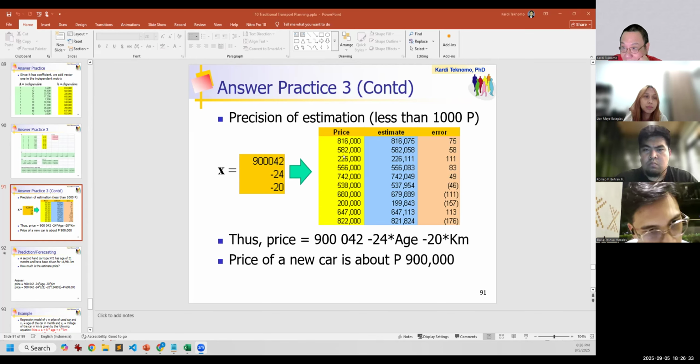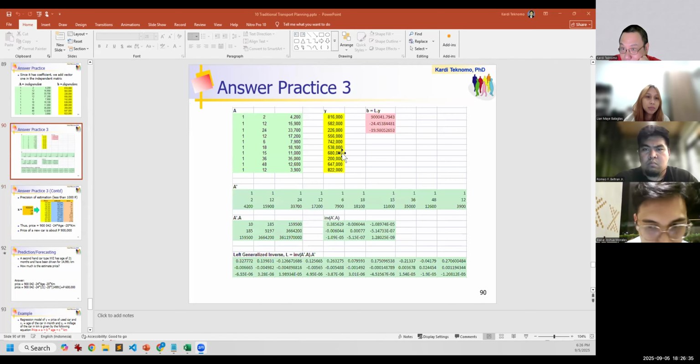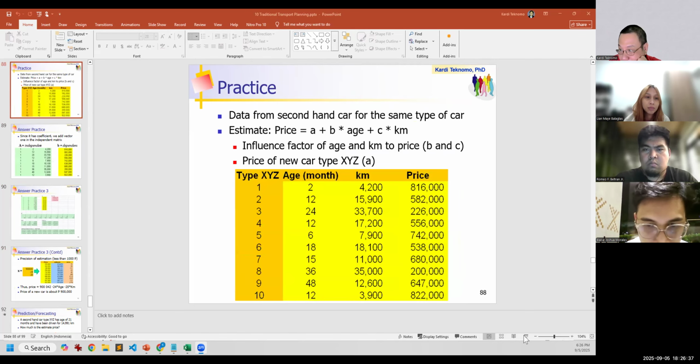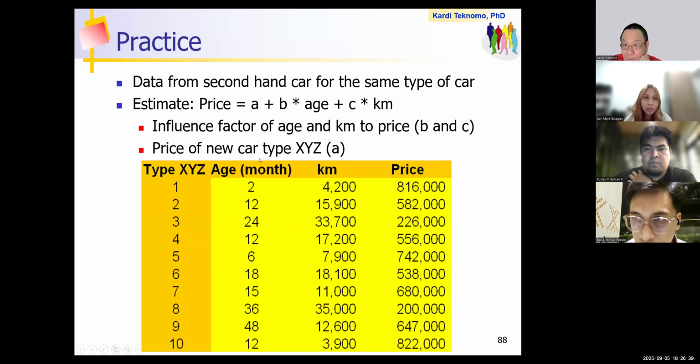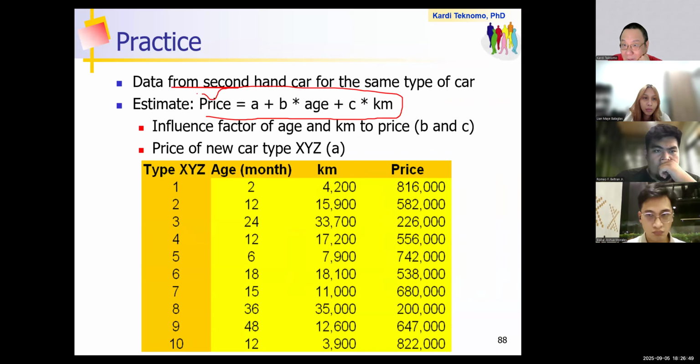If you look at the model here, this is the model, right? Price equals A plus something times age and kilometer. What happens if the age is 0 and the kilometer is 0?